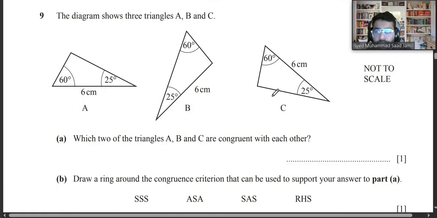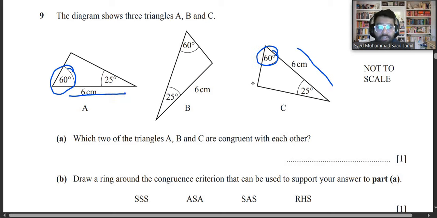Now next question, the diagram shows 3 triangles ABC. Which 2 triangles are congruent with each other? Now look, congruent actually means it's completely the same triangle. So for congruent, you basically have to use a rule. If I look at A and C, it's starting from 60. This is also starting from 60. This is 6 centimeters.